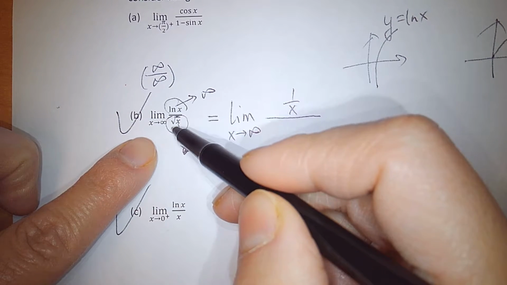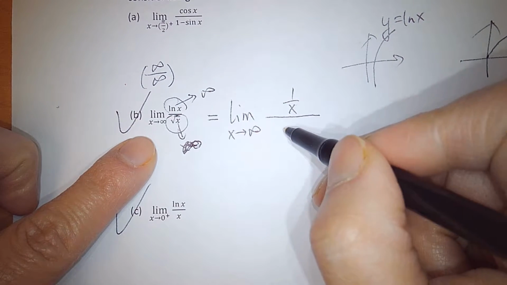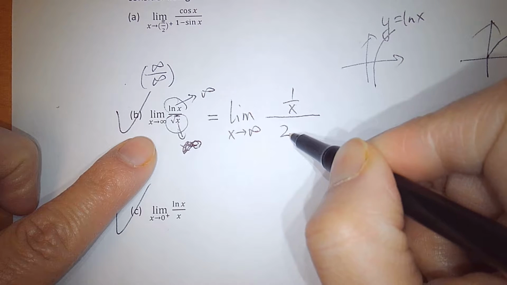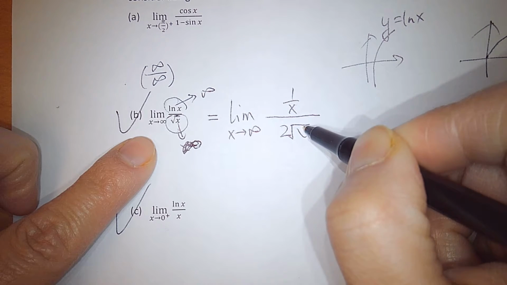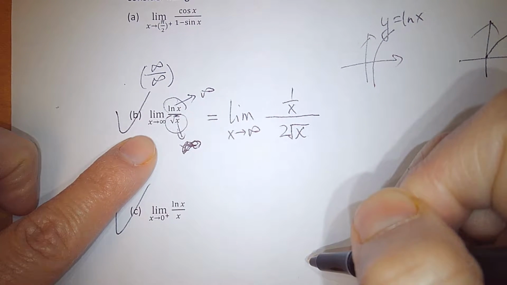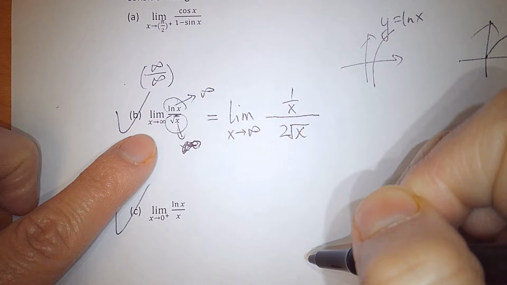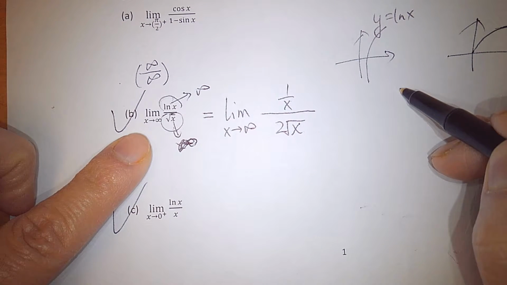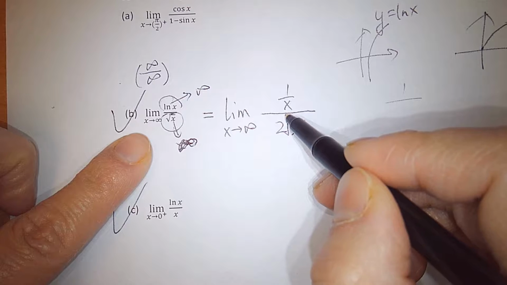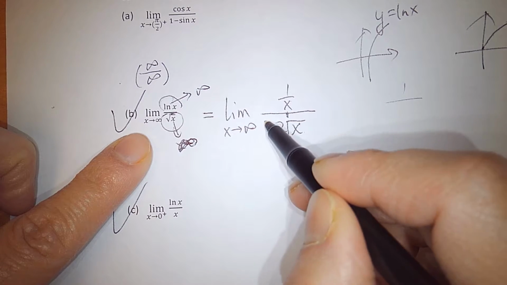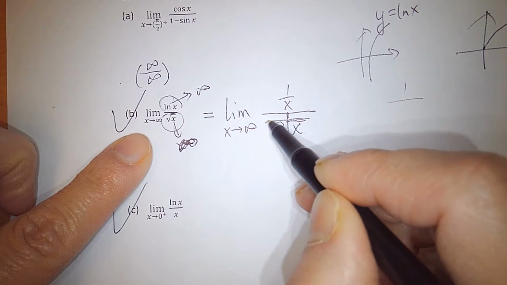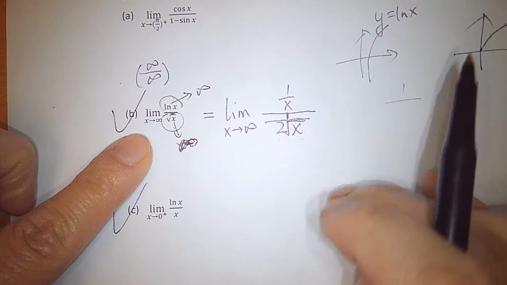What is the derivative of square root of x? Let me see. Oh yes, you're right. It's going to be 1 over 2 times square root of x.